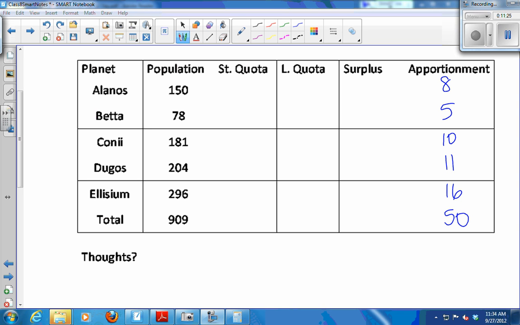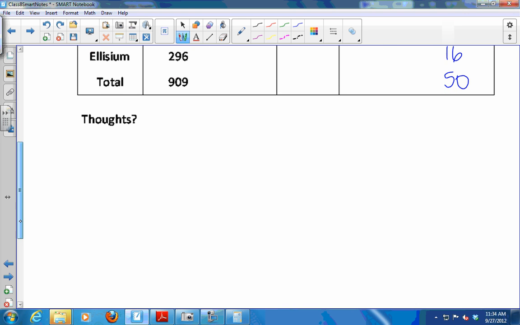Okay, so the final apportionment after 10 years with some small population changes gives 8, 5, 10, 11, 16. So it was 8, 4, 10, 11, 17. And now it's 8, 5, 10, 11, 16.